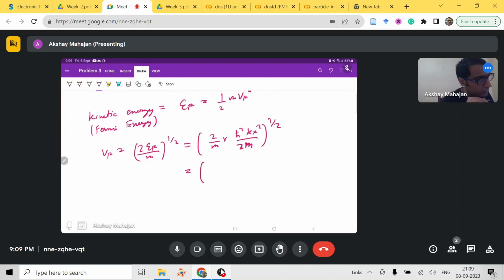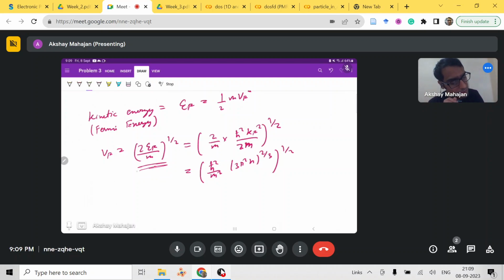So if you know the electron density, it will be h-bar over m times (3 pi square n) to the power 1 by 3. I am not going to use this equation; I am going to use the one with epsilon F because we have already calculated it. But you can see that with only the electron density, I could have directly calculated vF.